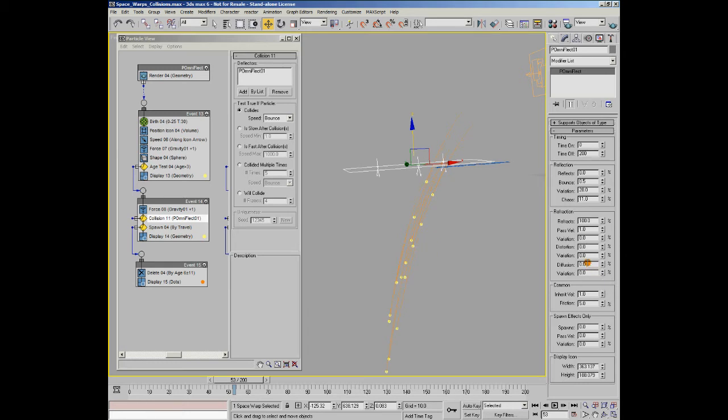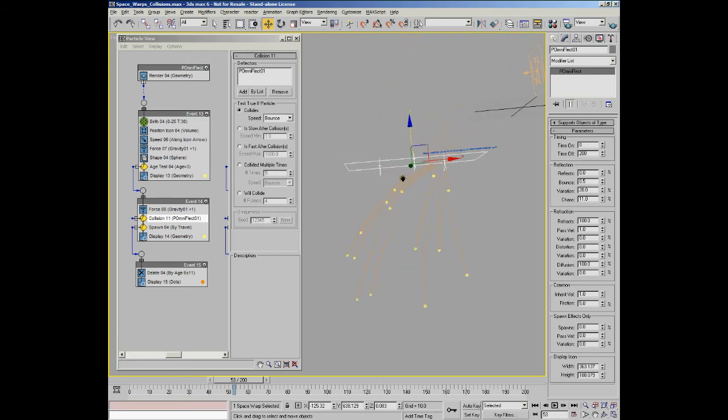The second option is diffusion. So I've put diffusion up. Now what that does is to do with the direction of travel, not so much with the bounce angle. You can see that the direction of travel is directly straight towards us. With a diffusion of 0, they carry on straight towards us. But if we change the diffusion, you can see that they move off that path. And if we put it up to 100%, you can see that it's quite a large variance away from that angle.